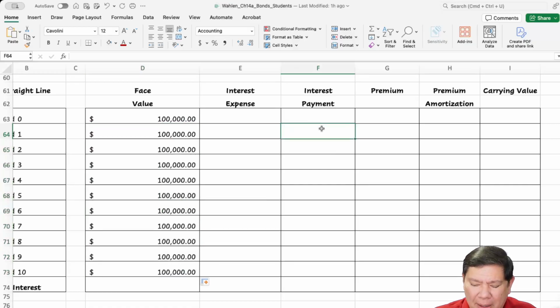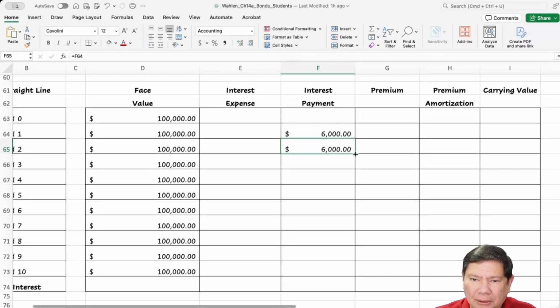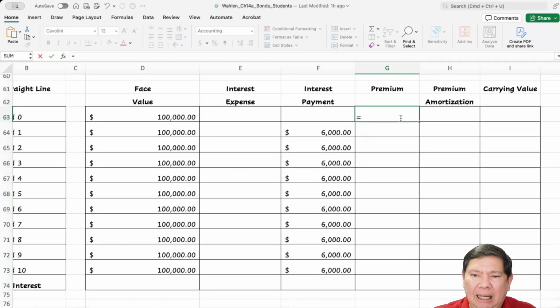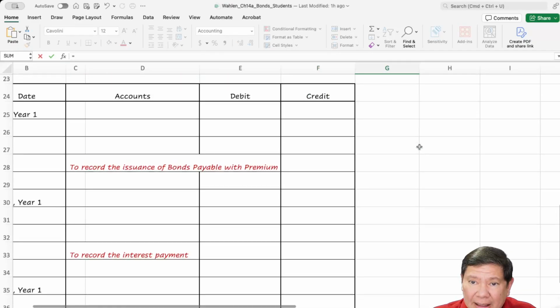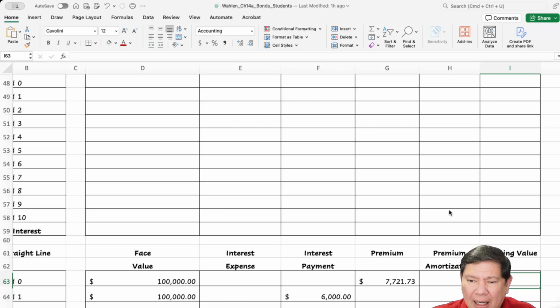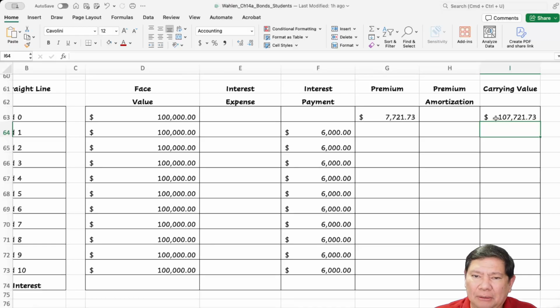The interest payment is 6,000 every 6 months. The premium is 7,721.73. And the carrying value for bonds with premium is the face value plus the premium. So that's the carrying value.